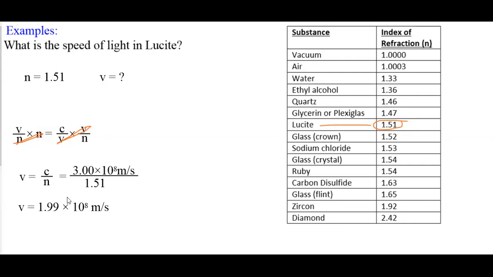Just be warned, if you're doing these calculations and you're trying to calculate the speed of light in any substance, you cannot calculate a number greater than 3 times 10 to the 8, right? If you ever get something greater than 3 times 10 to the 8, you did something wrong. Nothing in our known existence and universe is faster than the speed of light in a vacuum.